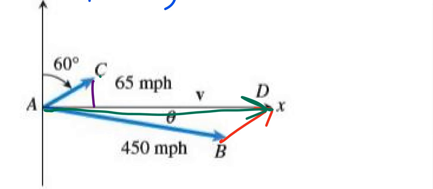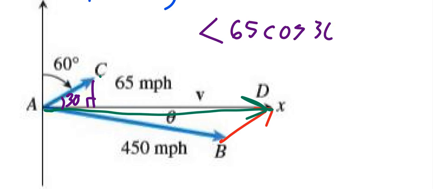If that's a bearing of 60, then what is this angle inside the triangle? That's a 30-degree angle. Okay? So if I want that vector, that would be 65 cosine 30, 65 sine 30.